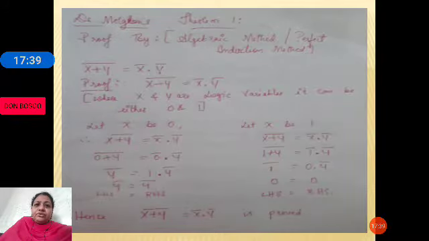Let us prove using the algebraic method or the perfect induction method. Proof. See, in the textbook they have applied many Boolean theorems which we have studied till now to prove this, but I have found a very simple method for you to prove these Boolean theorems, which will be easy for you to follow and understand.